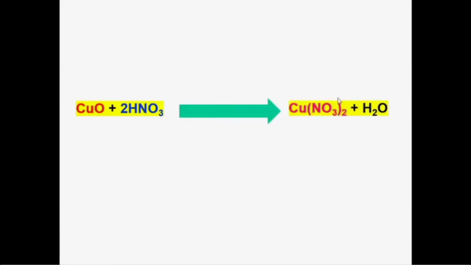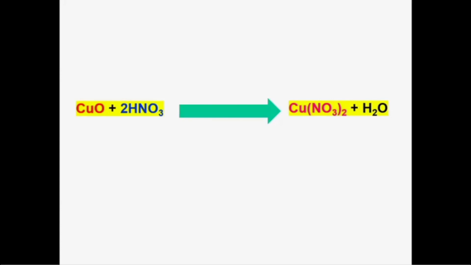And this yield here is what we call the actual yield. Please keep in mind, in any chemical reaction, for example this reaction that we are discussing now, suppose copper(II) oxide reacts with 2 moles of nitric acid, we should get copper nitrate and water. However, in the actual reaction, sometimes a chemical reaction like this produces side products.